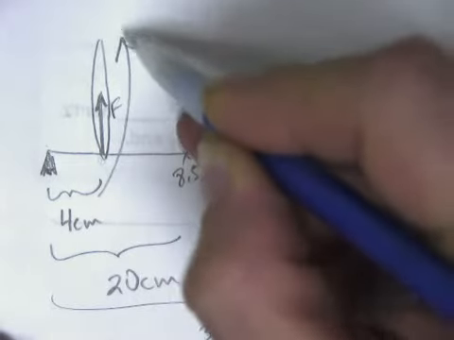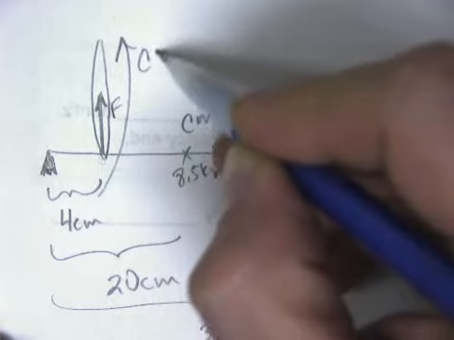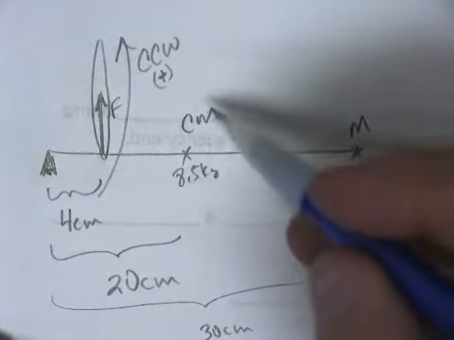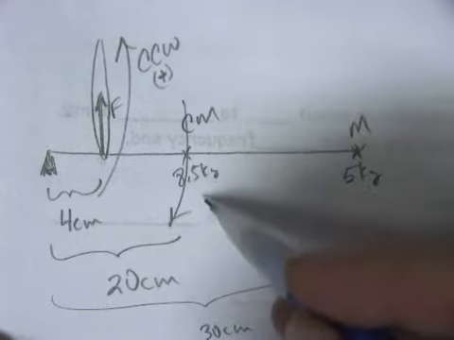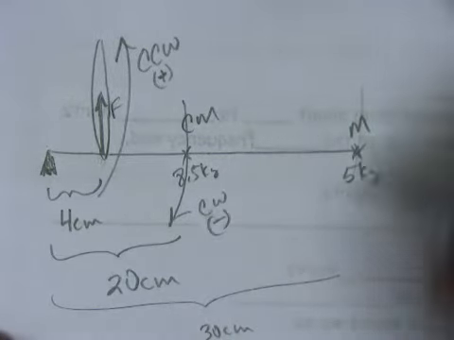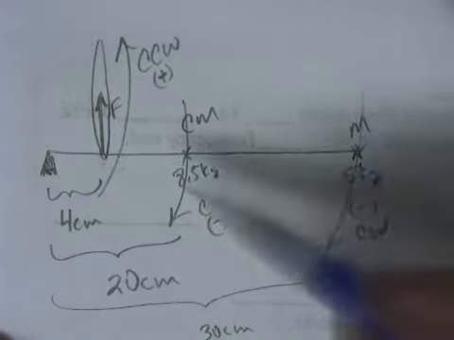The force is pulling up, so that's counterclockwise, which is positive. Remember that for the test. The center of mass is pulling down, so that's clockwise, which is negative. And the mass of the ball out here is negative as well, since that is clockwise.